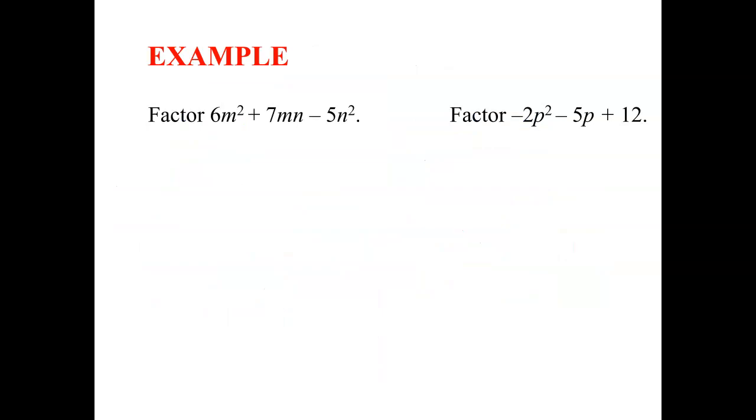We're only going to do the first one here, not the second one. Just like when we had the P and the Q, it's the same setup. But I still have to get a product of negative 30, but I want it to get negative 30n squared, so I'm still going to end up with something m plus or minus something n. I'm still just going to fill in some stuff here. Still going to give me that same format.